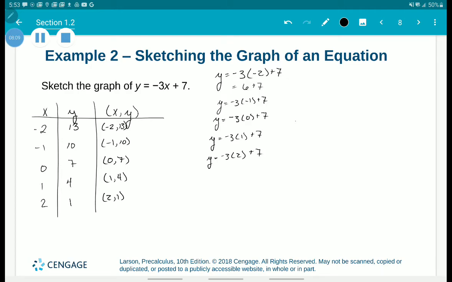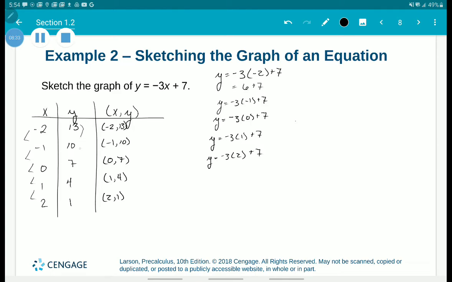I do want you to notice something about the x's and y's here. We chose the x values, and I just started with negative 2 randomly, which is fine when you're trying to sketch. But I increased by 1, so I have that constant increasing going on. That's important because then we can analyze what's going on with y.